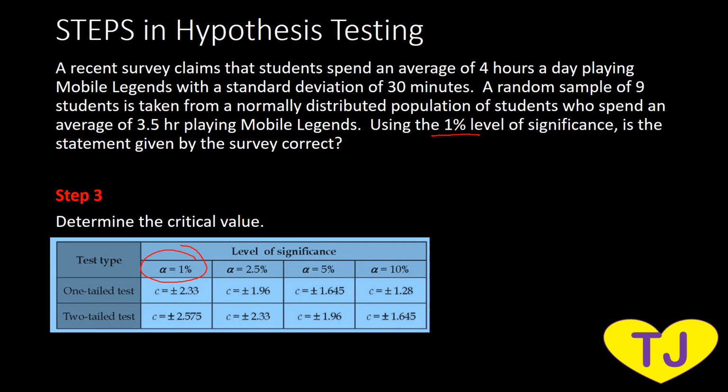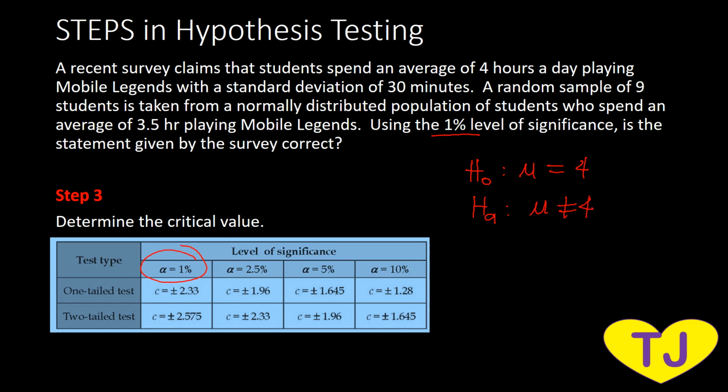Take note, your hypotheses here are the following. We've got the null hypothesis, which is the population mean equal to 4. And we have our alternative, which is the population mean is not equal to 4.